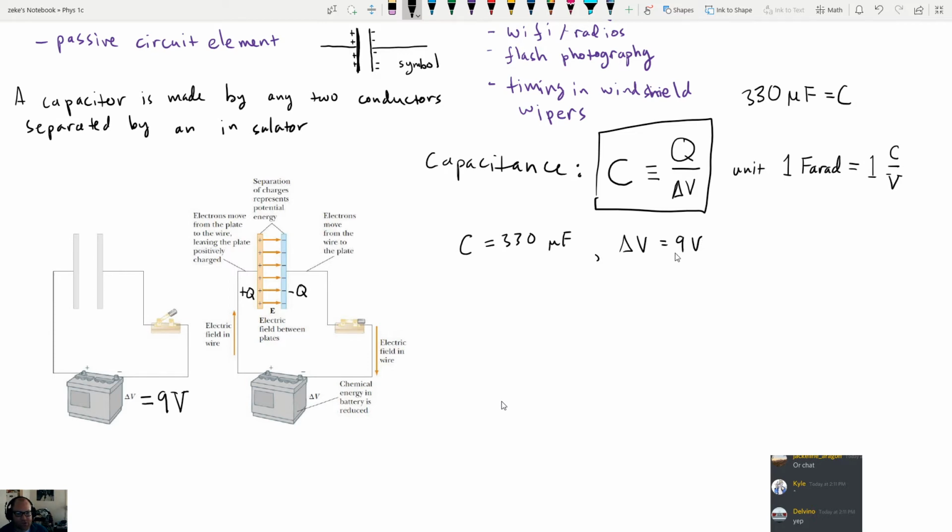You could calculate the amount of charge that would be stored on such an object by just taking Q equal to C times delta V. This usually is how I memorize this equation. Q equals V times C. So if you wanted to figure out how much charge was stored here, I should have picked a better number, but whatever. You just take 330 microfarads and multiply by 9 volts, and you get some kind of number here.